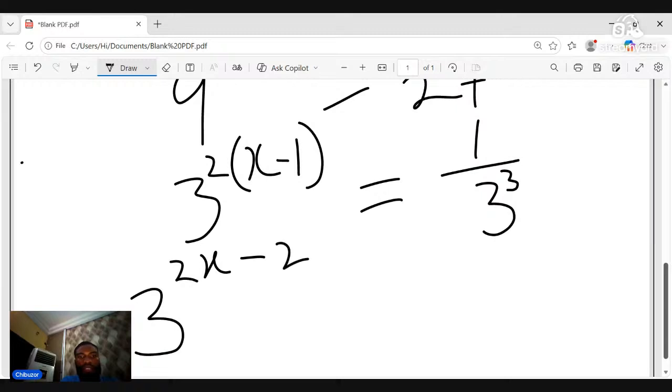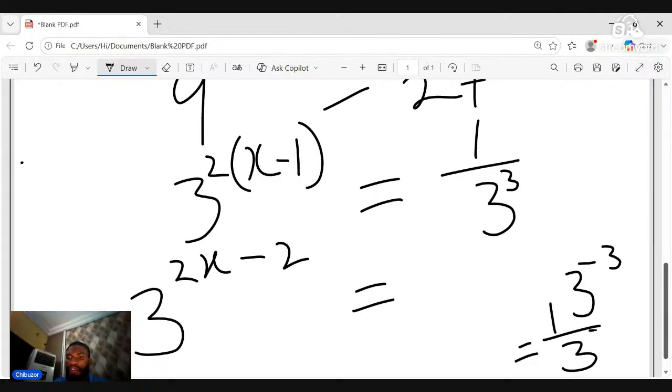That's 2 times x is 2x, 2 times minus 1 is minus 2. And then you go over to the other one. Remember that in the law of indices, if you have 3 raised to power minus 3, that will be 1 over 3 raised to power 3. Are we clear?